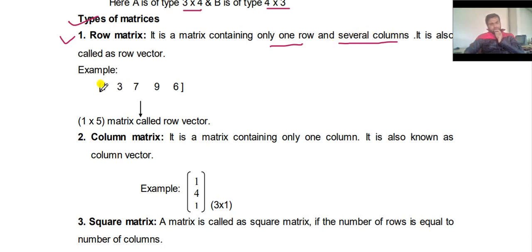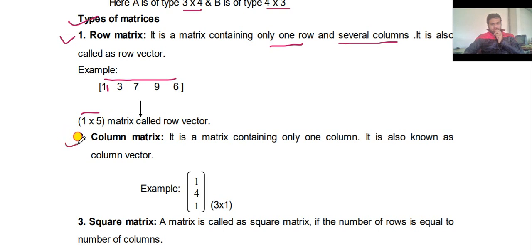So you can see in this matrix there is only one row, but the number of columns are 1, 2, 3, 4 and 5. So its order will be 1 by 5. 1 is the row and 5 are the columns.